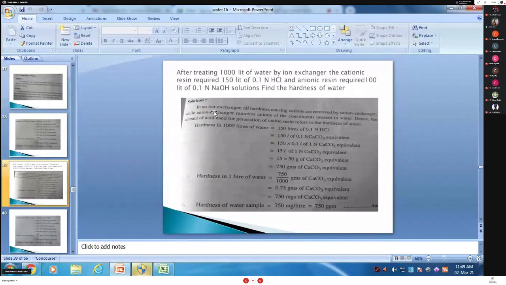Solution: in an ion exchanger, all hardness-causing cations are removed by the cation exchanger, while the anion exchanger removes the anions present in the water.